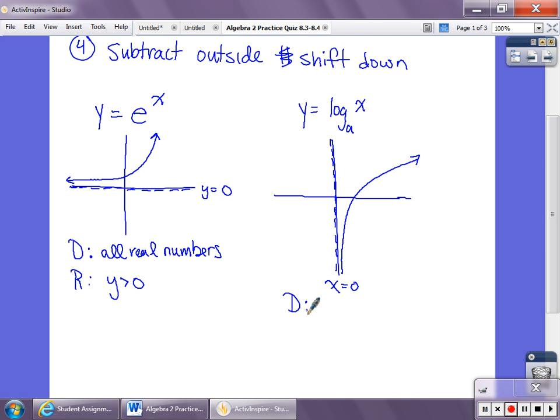Also remember that for the domain of the log function, x is greater than 0, and for the range, it's all real numbers. I know you might get a little confused, and it might be tricky to remember which one is which, but you have to do your best. Exponential, domain is all real numbers, range is y greater than 0. Logarithmic, x is greater than 0, range is all real numbers.